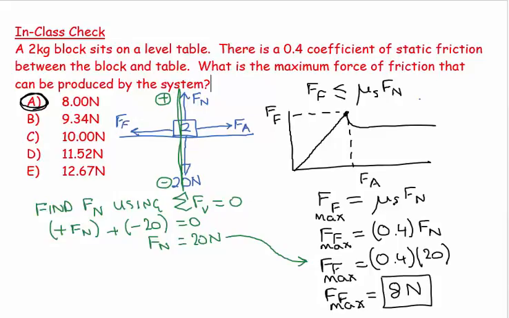And we knew that μs equals 0.4. We recognize we need to find Fn. And so we reanalyzed our diagram to find Fn using Newton's first law. We picked a good axis so that we did not need to worry about unknowns. We numerically found the value of Fn, and then we substituted back into our equation. So step by step we can work our way through it, and there we have it.